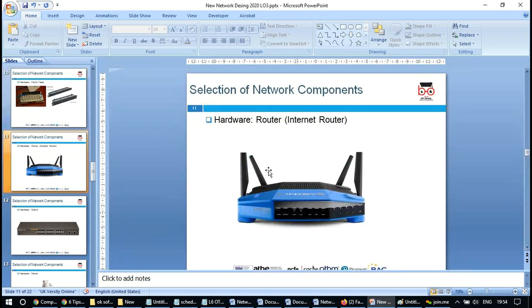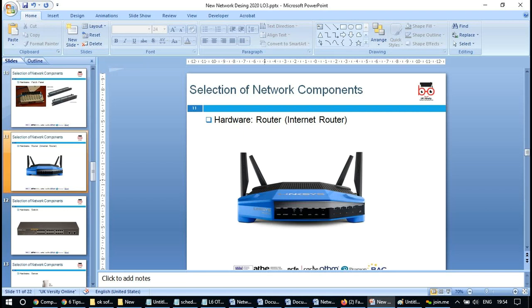Furthermore, you would require to select the router for your network. The router is basically a kind of switch or hub which has the capability to make a small network, so that different computers and devices could be connected together.